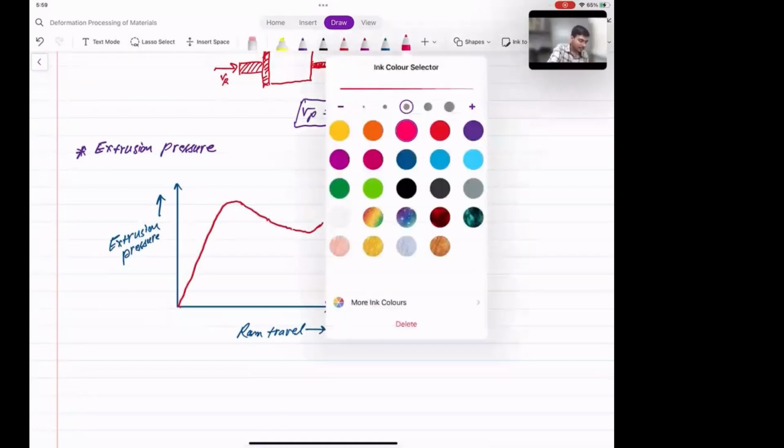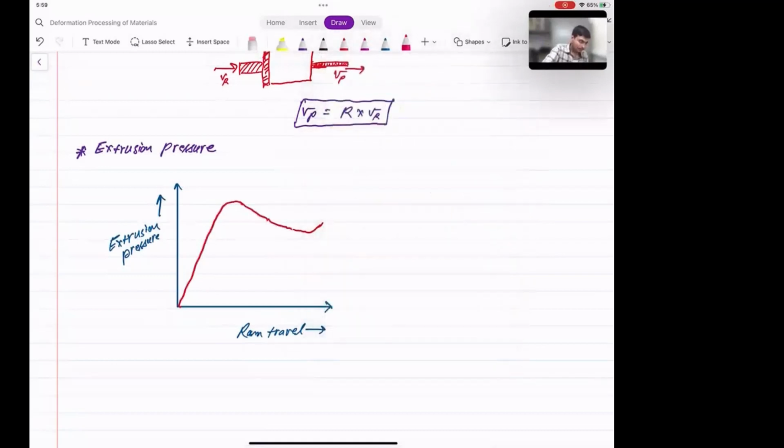And for the indirect one, this varies in a fashion like, it almost remains constant, and then this goes like this.